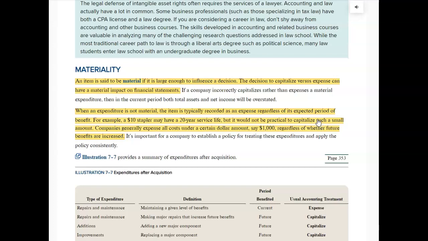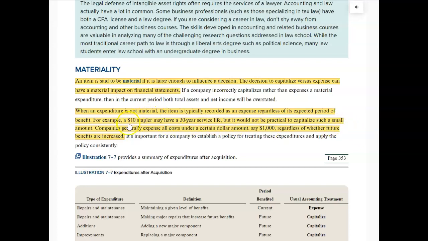And so any item that's material needs to be recorded the, quote, correct way. And the correct way is what generally accepted accounting principles will tell us to do. Okay? But sometimes a cost or an item is so small, you can handle it the easy way instead of the theoretically correct way because it doesn't make a difference.